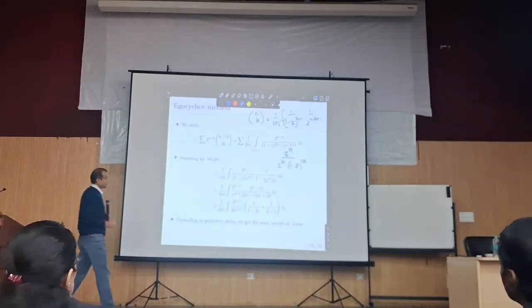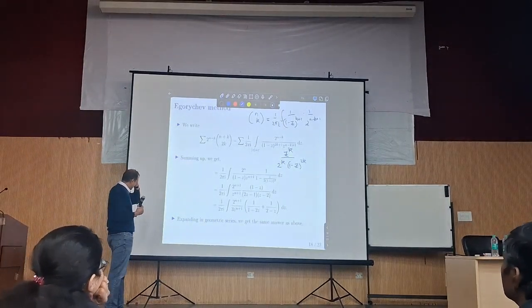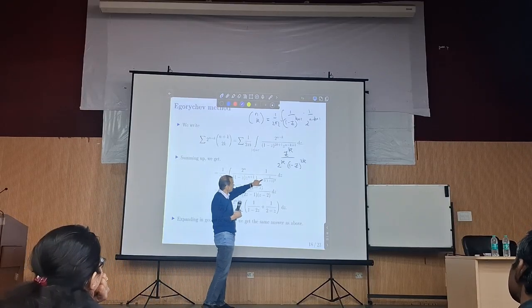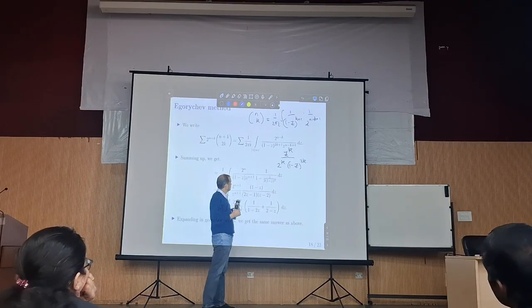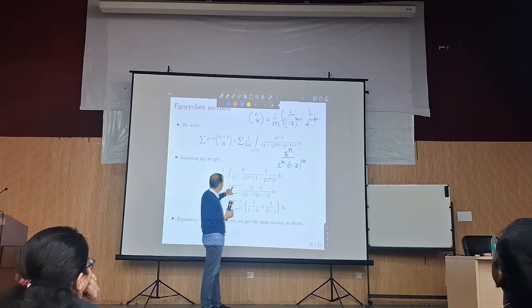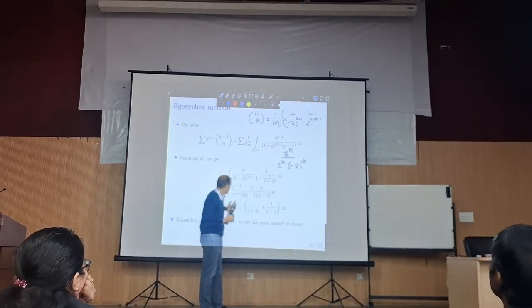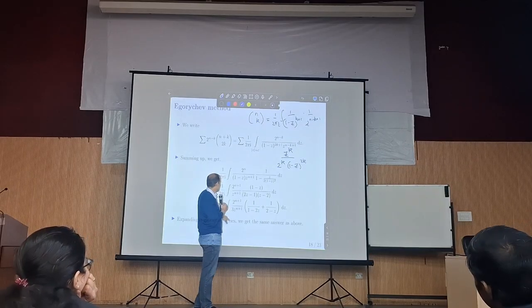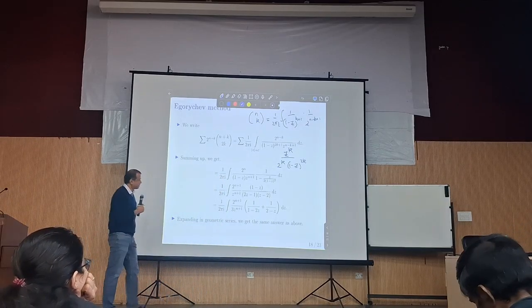So that's going to be the kth term in the geometric series. So I have 1 over 1 minus z by 2 into 1 minus z squared. We just simplify this. We are going to get 2 to the n plus 1, and then 3 to the z to the n plus 1.